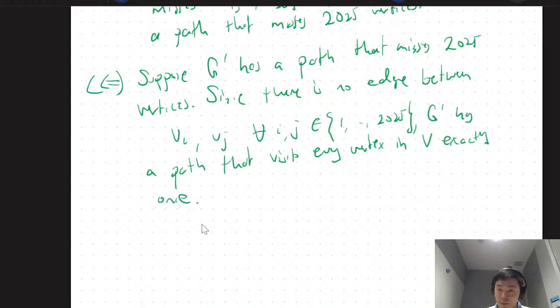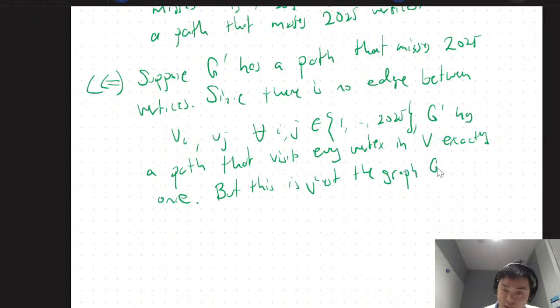But remember that the graph here, the one that doesn't include the 2025 vertices that I've created, that graph itself is the original graph. But this is just the graph G, which implies that in fact G has a Hamiltonian path.